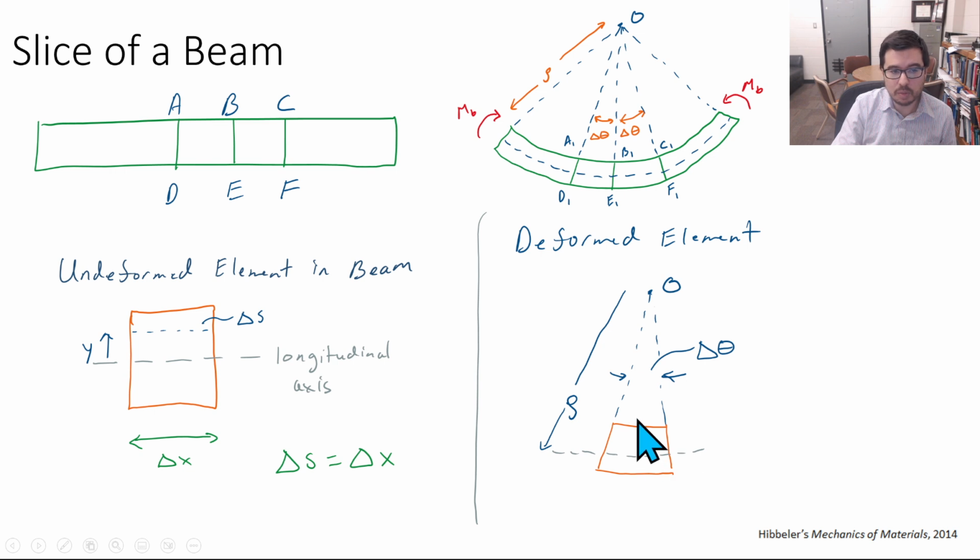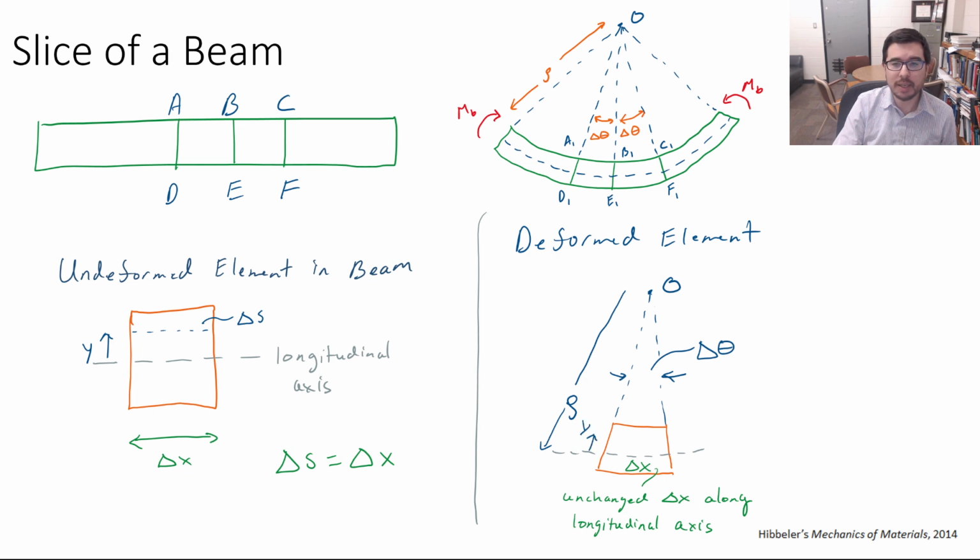We're not describing it to this surface or this surface. We're typically thinking of this radius of curvature going to the longitudinal axis, where there is no stretching or compression. This width here was delta x originally, and on the longitudinal axis, it stays delta x. So along the longitudinal axis, delta x is unchanged.